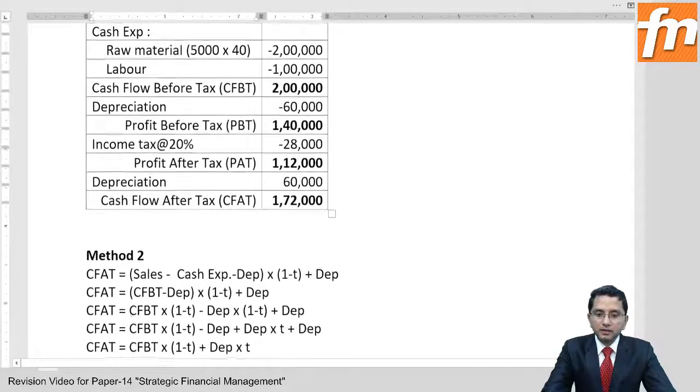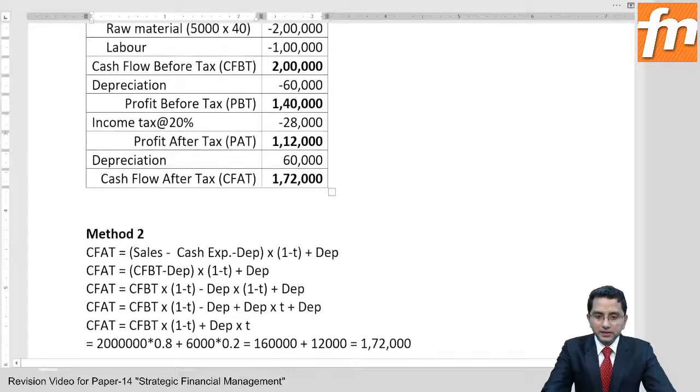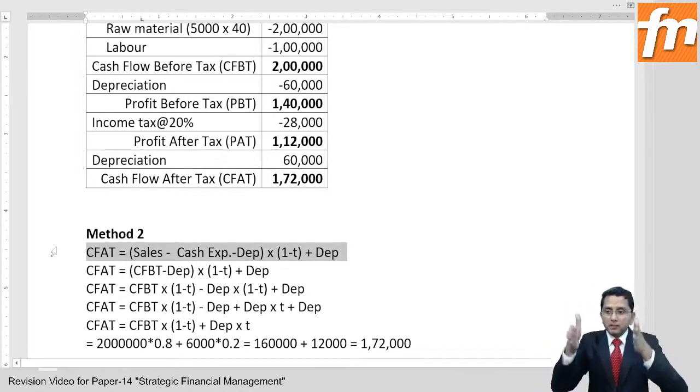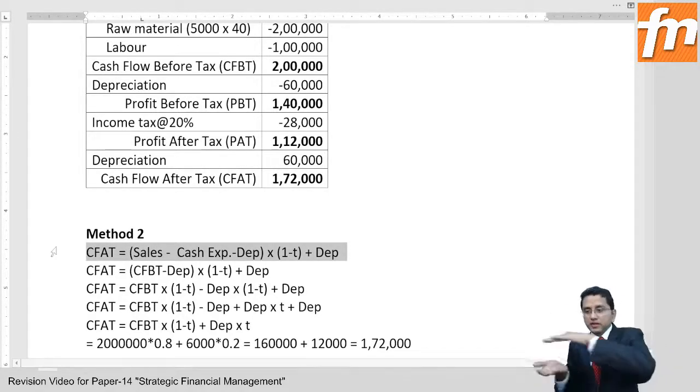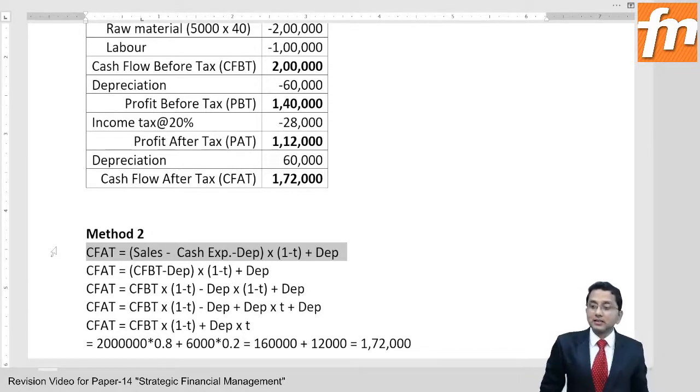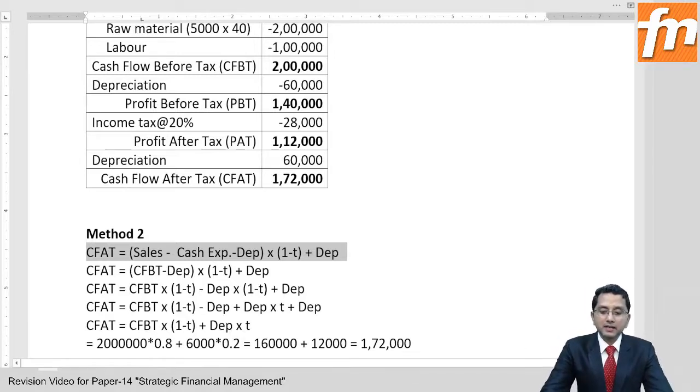A shortcut method can look like this. See, instead of showing it in a vertical format, if I show this calculation in horizontal format, then this is how it will look like. Cash flow after tax is equal to sales minus cash expense, that is CFBT, minus depreciation is PBT.